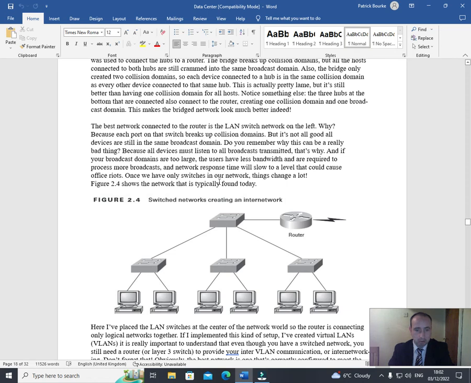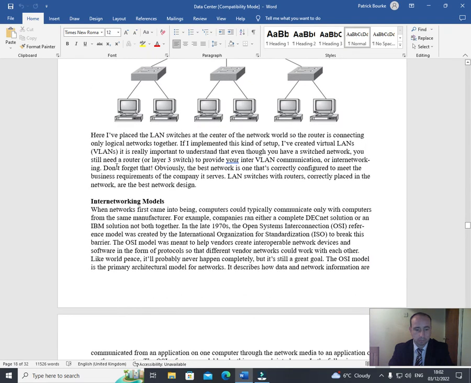Once we have only switches in our network, things change a lot. Figure 2.4 shows a network that is typically found today. So here's our router and 4 switches and 2 machines hanging off each switch. Here I've placed the LAN switches at the center of the network world, so the router is connecting only logical networks together. If I implemented this kind of setup, I've created virtual LANs, VLANs.